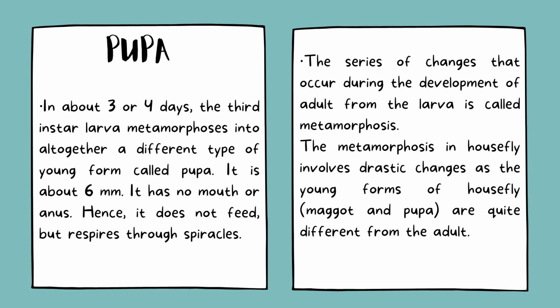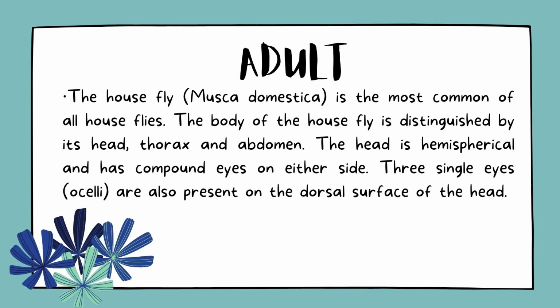The series of changes that occur during the development of the adult from the larva is called metamorphosis. The metamorphosis in the housefly involves drastic change, as the young forms of the housefly, maggot and pupa, are quite different from the adult.